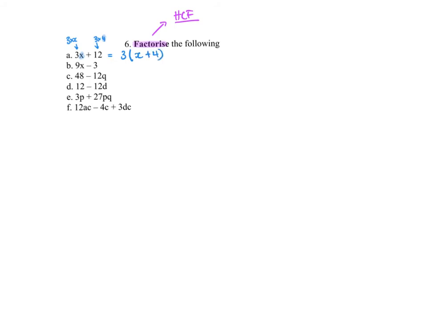Okay? If I'm going to do this one with you over here, just going to rewrite it again. So 48 minus 12q. So if I think of the highest common factor, this could be written as 12 times 4. And this one could be written as 12 times q. So the highest common factor is actually 12. So I take the 12 outside the bracket and I'm left with 4 minus q. Okay, so there's that one.